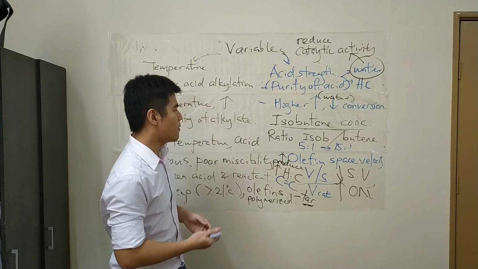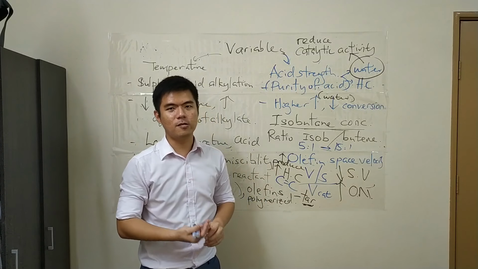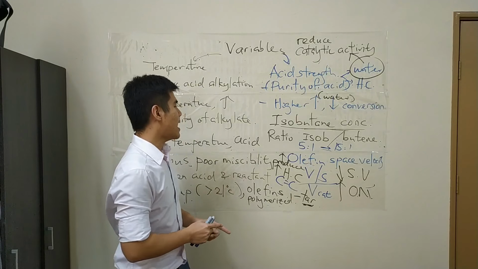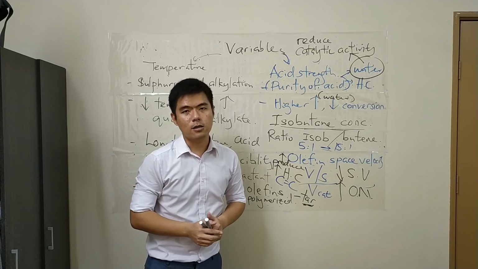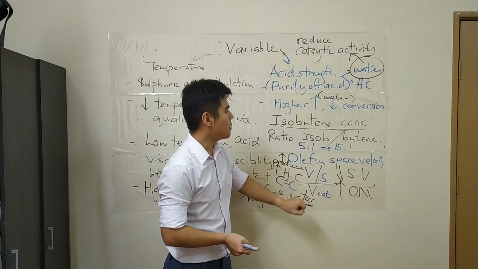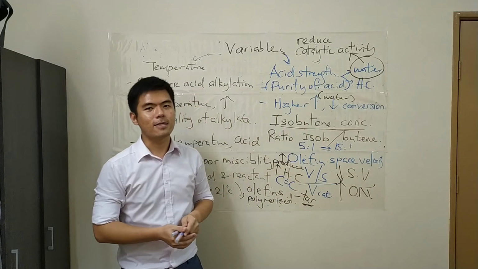So higher olefin space velocity will promote the production of longer chain hydrocarbons, which in the end will sacrifice the octane number. So in general, a lower olefin space velocity will produce a fuel which has a higher octane number.